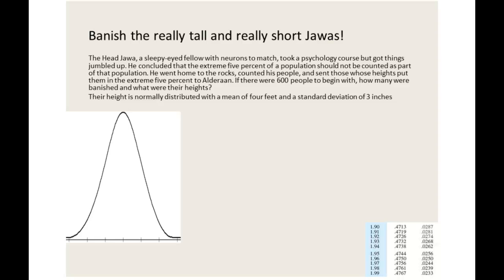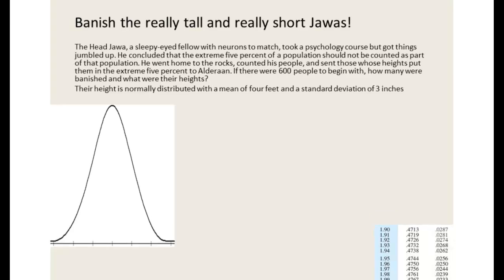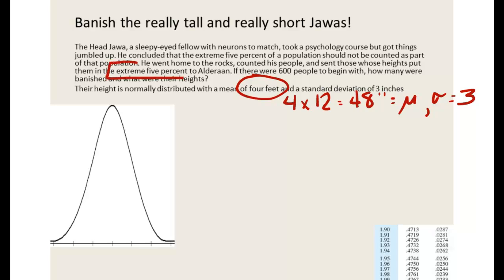Alright, to segue from my last silly example from Star Wars, let's talk about those little Jawas again. Same idea: they're 4 feet tall with a standard deviation of 3 inches. But in this scenario, the head Jawa thinks that the extreme heights of his population are bad.